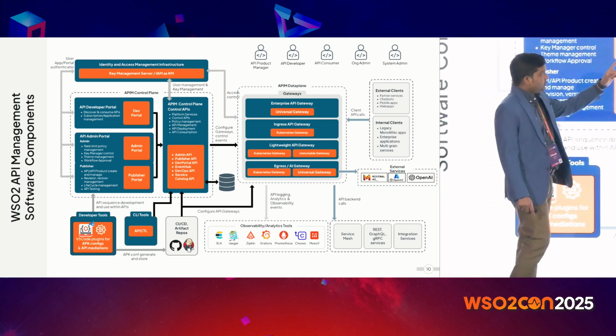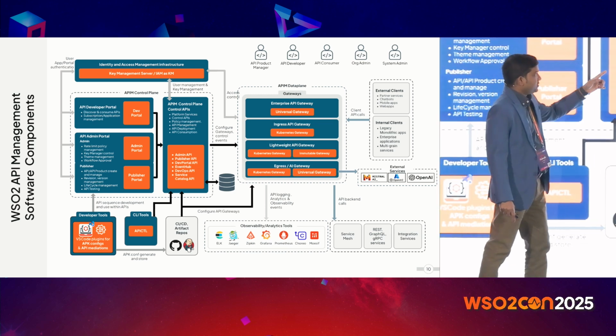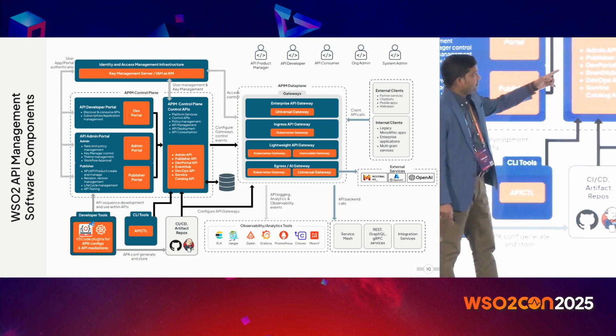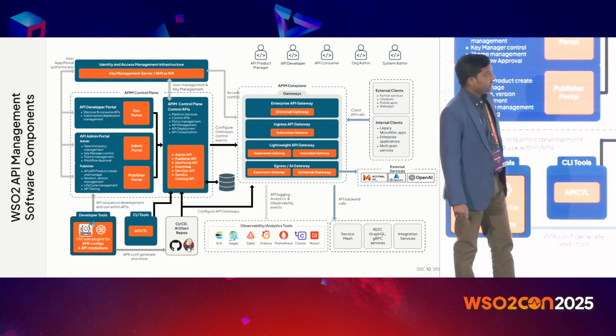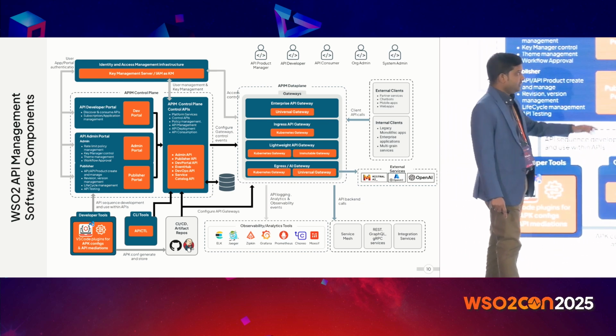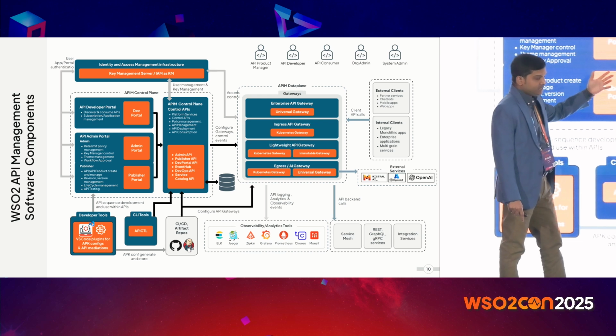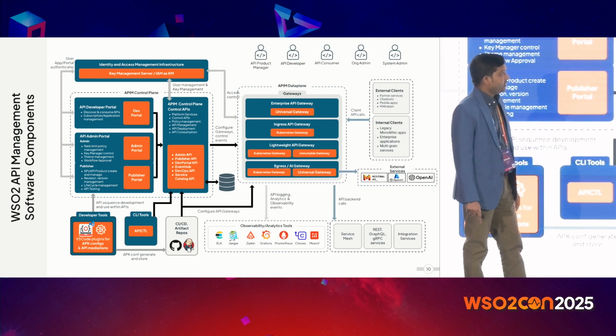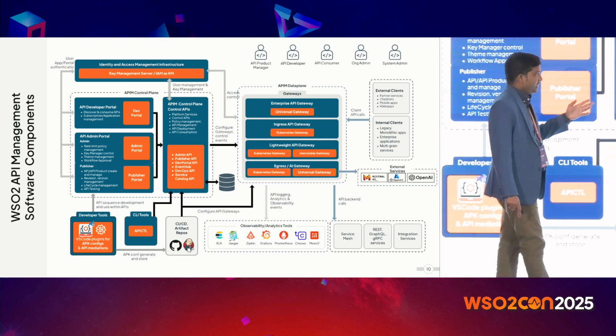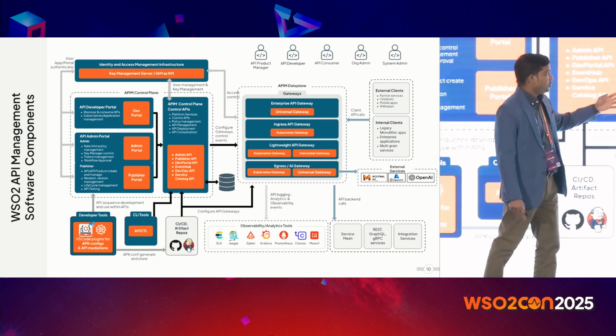When it comes to gateways, based on this terminology, I have grouped the gateways we have into different levels. For the enterprise API gateway, we have the universal gateway. For the Ingress API gateway, we have the Kubernetes gateway.